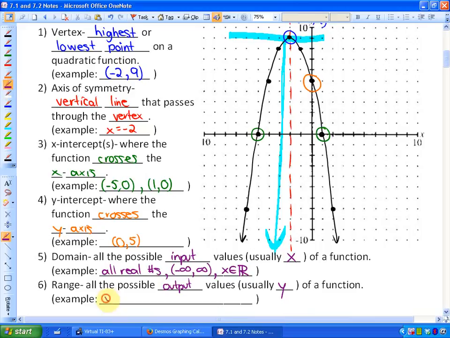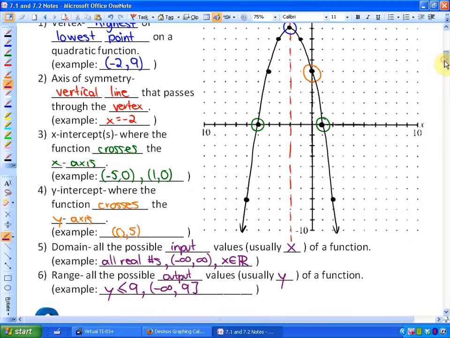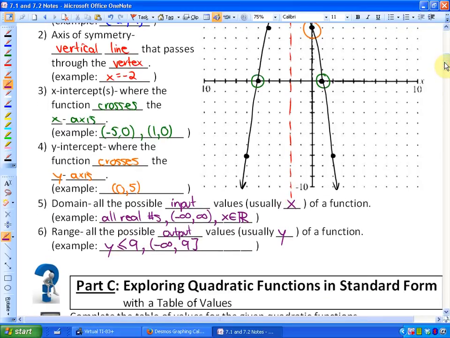That would be y is less than or equal to 9, or you could write it from negative infinity up to 9 inclusively. So 9 is the highest y value, and anything below that could be part of the range. And that is the end of this particular lesson.